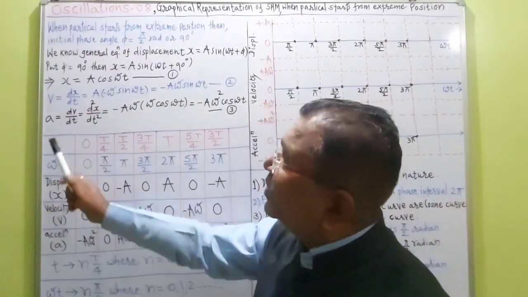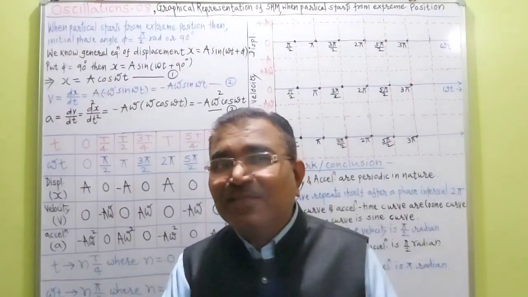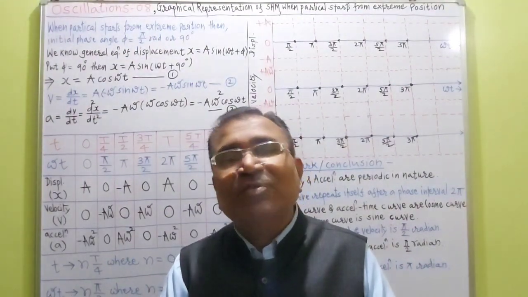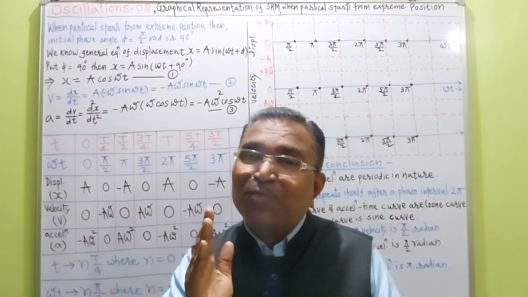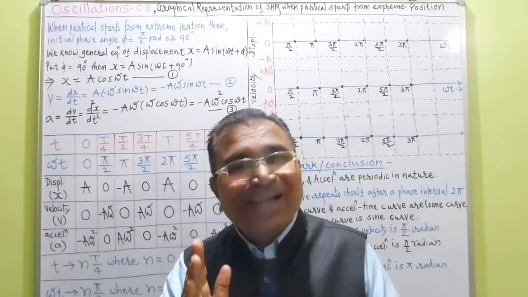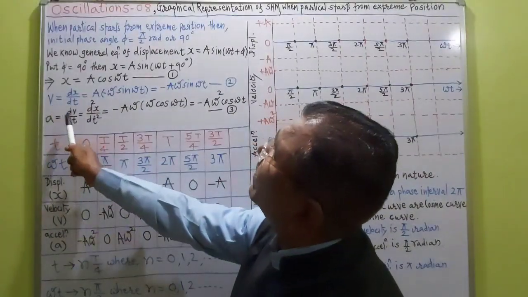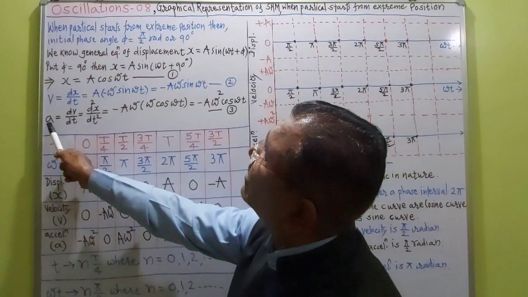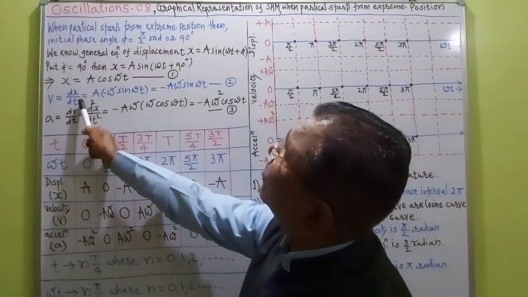From velocity we have to find the equation of acceleration. We know acceleration is denoted by small a, and acceleration is nothing but the rate of change of velocity, so we have to take the derivative of velocity with respect to time. We get acceleration a is equal to dv by dt. Take the double derivative of dx by dt.